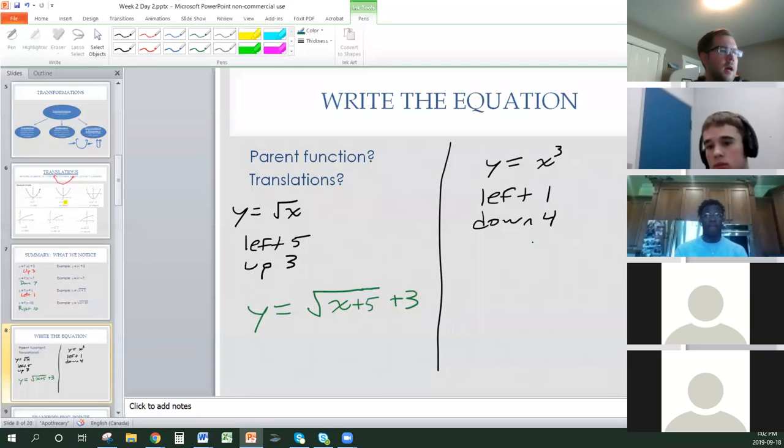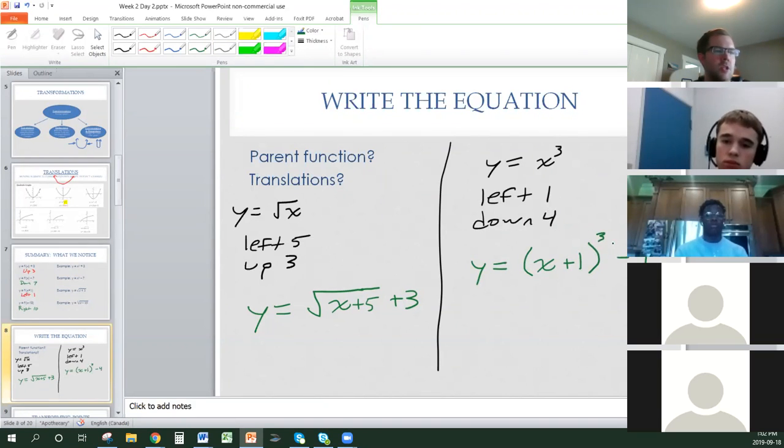Okay. And the couple things that I'll mention about this second one are that x cubed is what we call the parent function. So what that's going to look like is it's traveling left 1, which means it's going to be a +1 inside, and then it's traveling down 4.